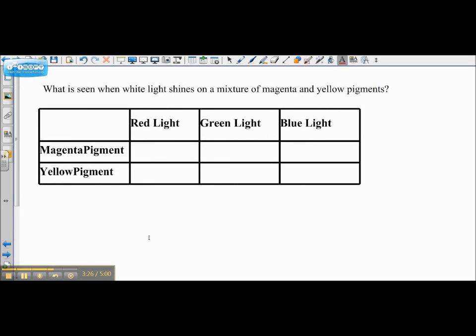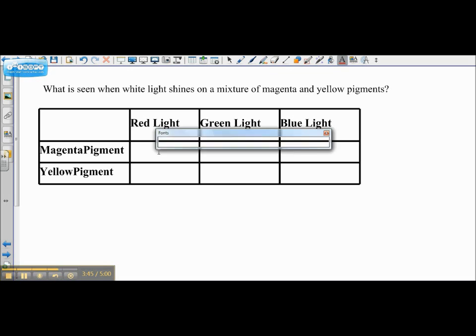So an easier way to figure this out is to do a chart. White light is a mixture of red, green, and blue, and we're mixing magenta and yellow. Magenta is formed by reflecting red and blue light.